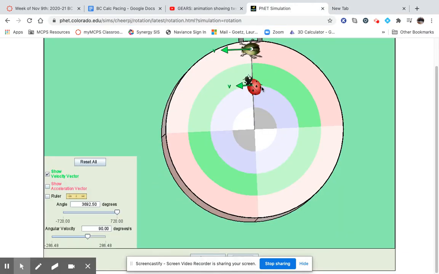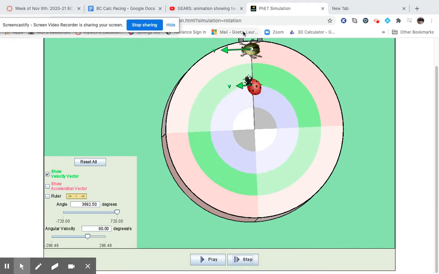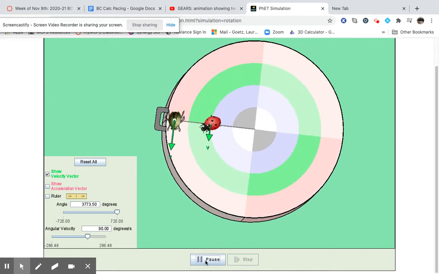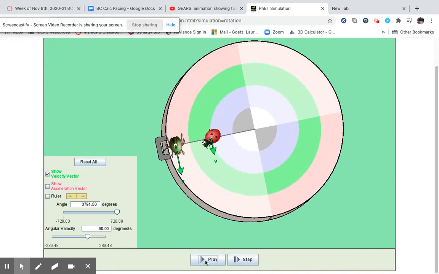So here is a ladybug and a beetle, and they are on concentric circles. The concentric circles are connected together. And this application has the angular velocity measured in degrees, and I made it 90 degrees. So you can see, hopefully, as they go, in 1 second, they've gone about 90 degrees.